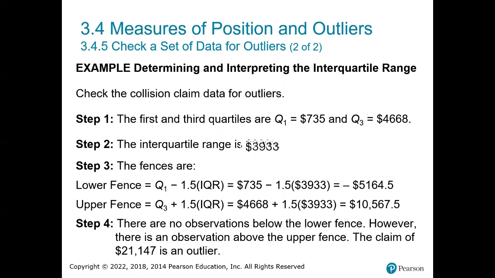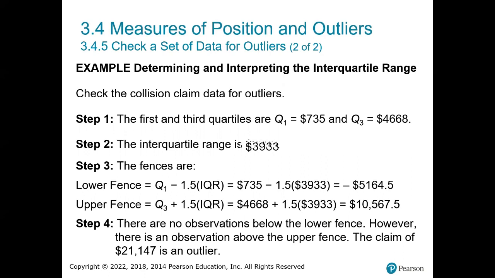Then we can find the lower fence, which takes Q1, 735, minus 1.5 times the interquartile range of 3,933. You're going to want to type it exactly as you see it in a calculator, and you're going to get negative $5,164.50. I can't spend negative money. So clearly anything on the low end is going to be within my data set here.